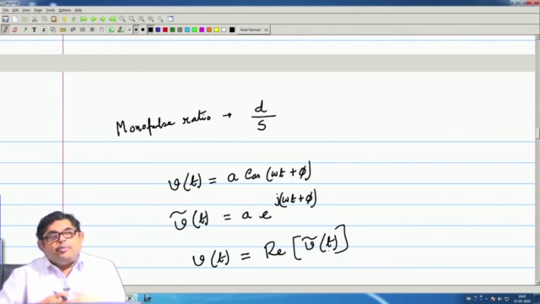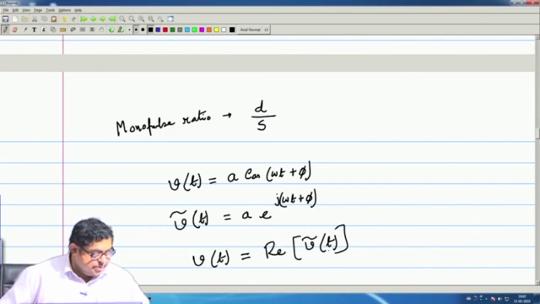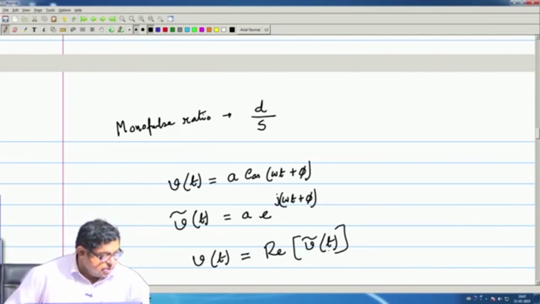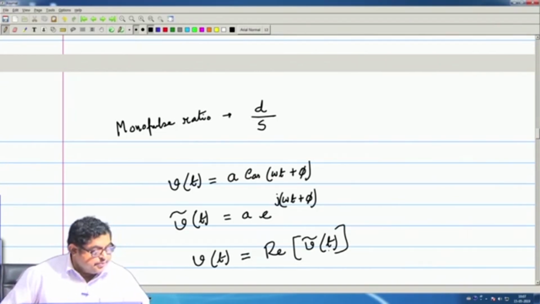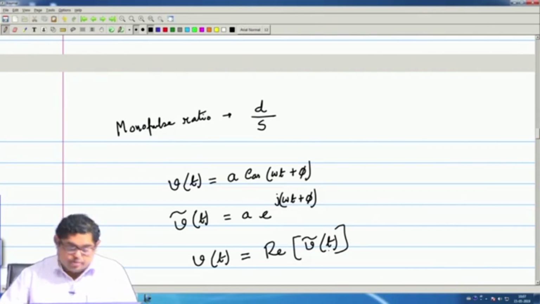So, the real signal is nothing but the real part of the complex or phasor signal. Now, what happens if I have a ratio? We need one caution.